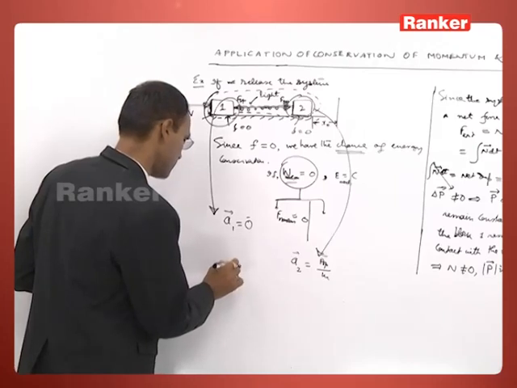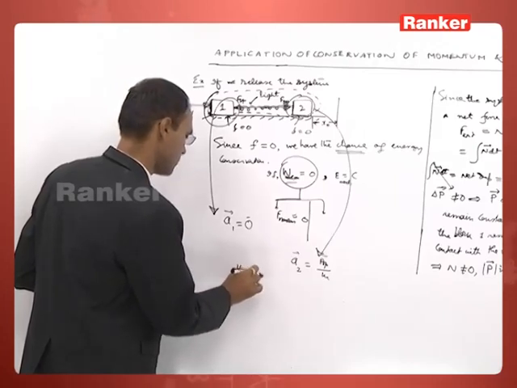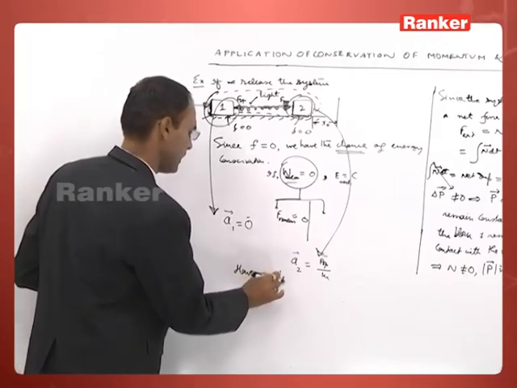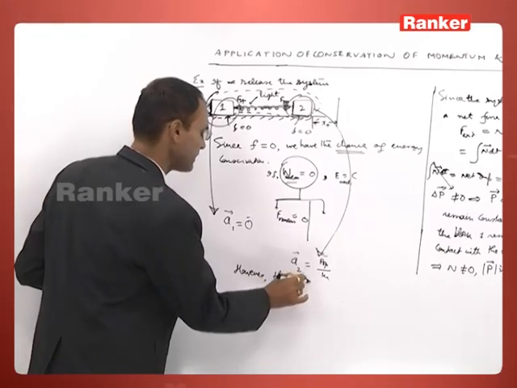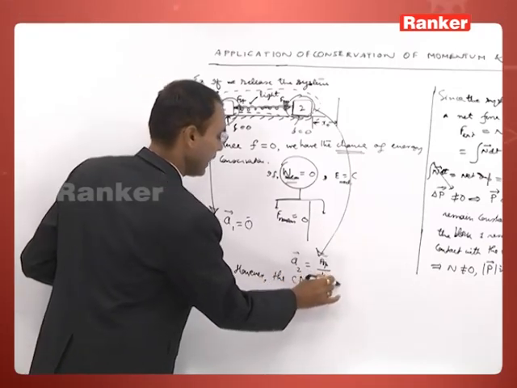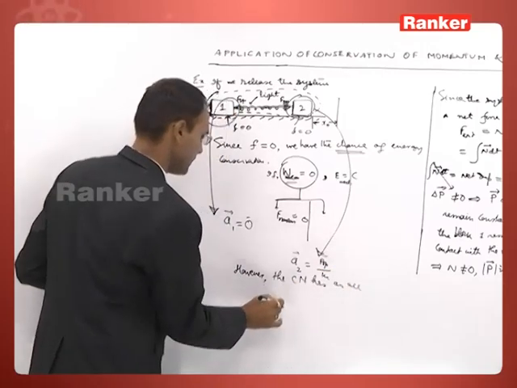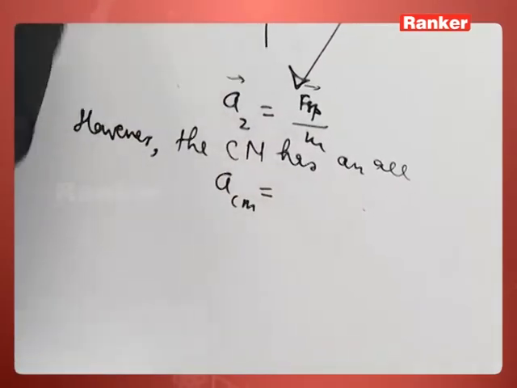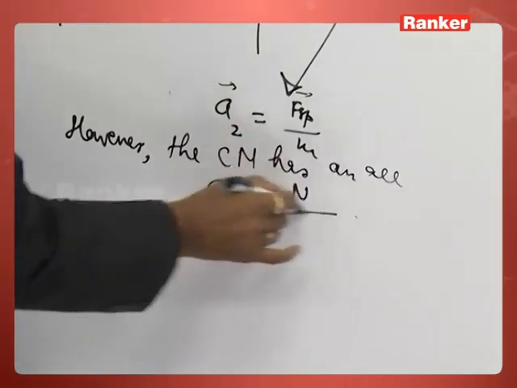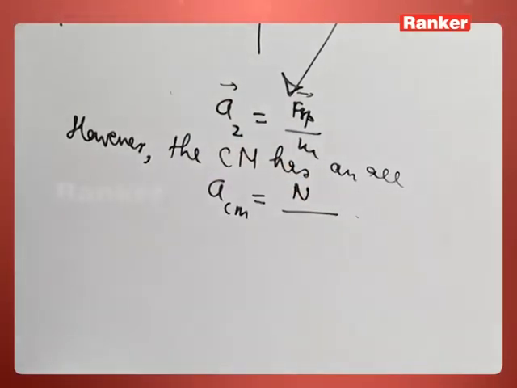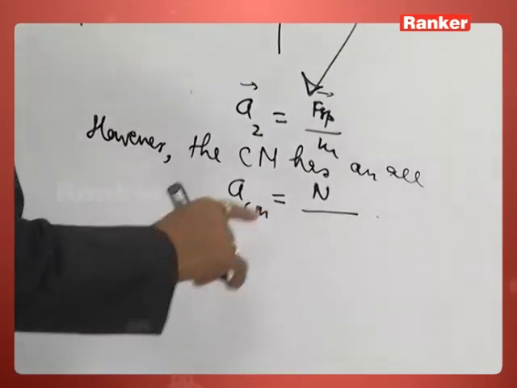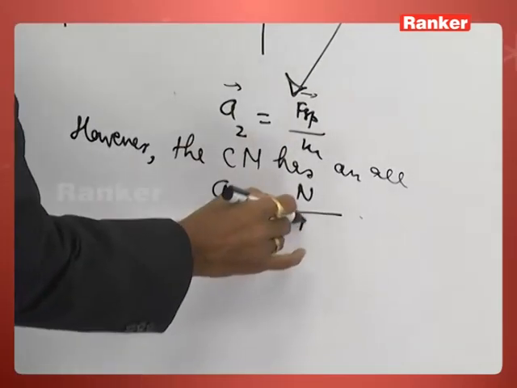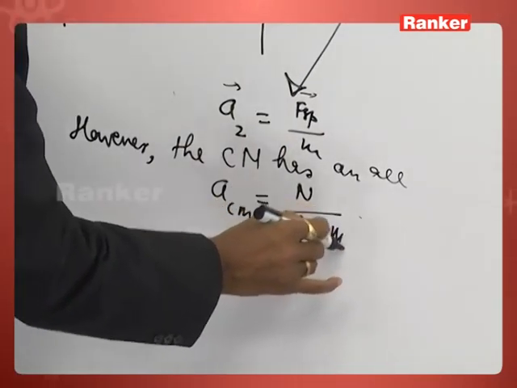However, the center of mass has an acceleration because the net force acting on the system is equal to N upon the total mass of the system, m1 plus m2.